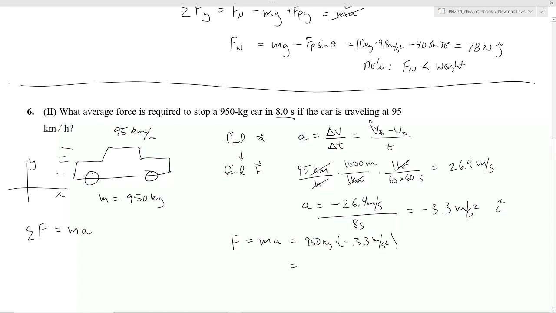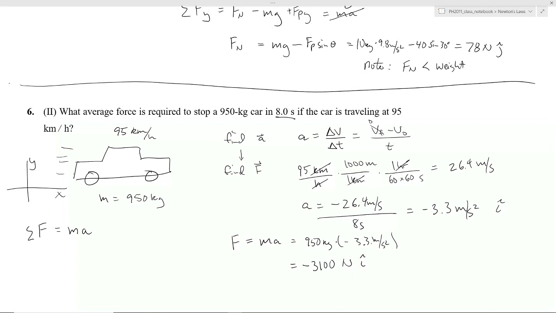And this would be negative 3,100 newtons. And notice the force is in the same direction as the acceleration, so this would also be in the i-hat direction, as we have it depicted in this sketch of the problem.